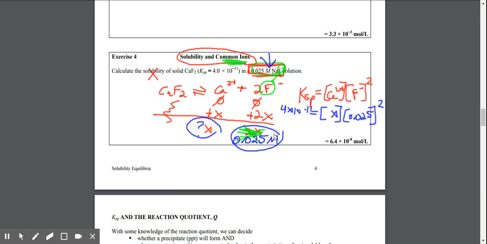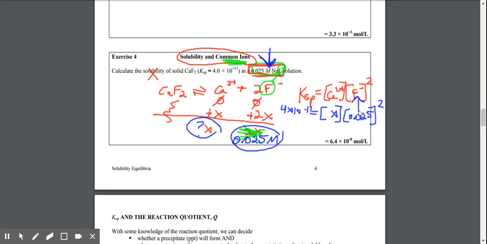Okay, so I take this value that's from my common ion and I directly plug it in for my concentration there. I still work with the square because that's where my coefficients come into play. I do not double that. You see how I didn't say 2 times that value? I just directly replace that.